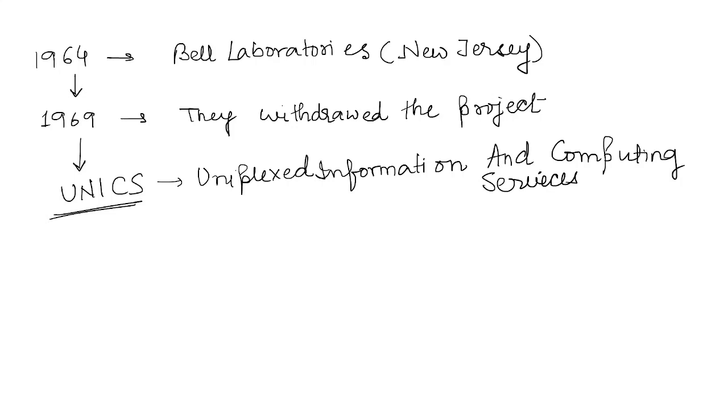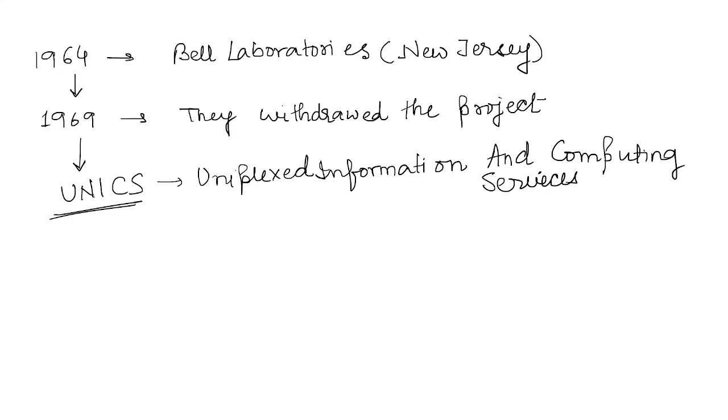Yes, Unix. Two brothers created Unix, I know that. Yes, what I told you is that after 1969, Dennis Ritchie and Ken Thompson started working on that project and developed something called Unix.